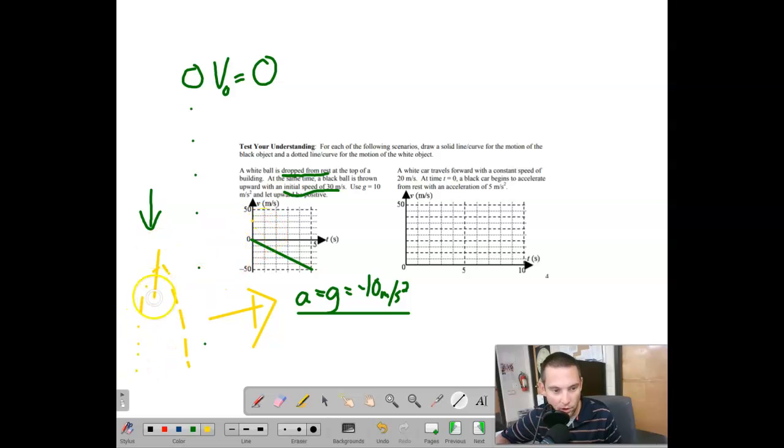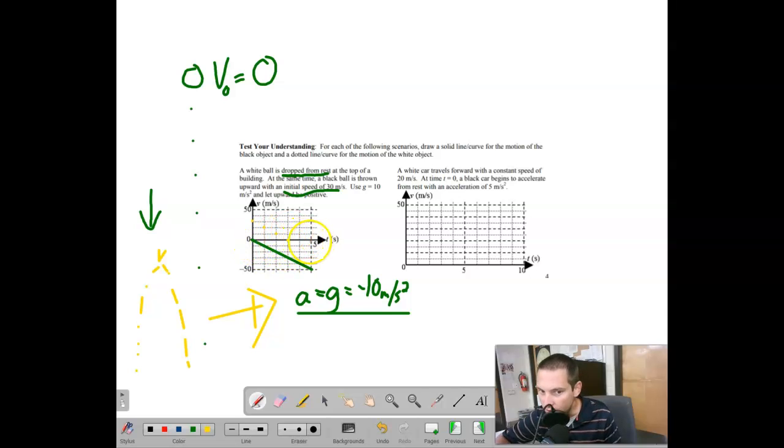Now, we are changing velocities, we're changing directions at the top because we're slowing, going against gravity until we reach a velocity of 0, and then we start speeding up in the opposite direction. So that means we're going to be moving with a constant acceleration, these dots, and then right about here, we're going to be changing directions.